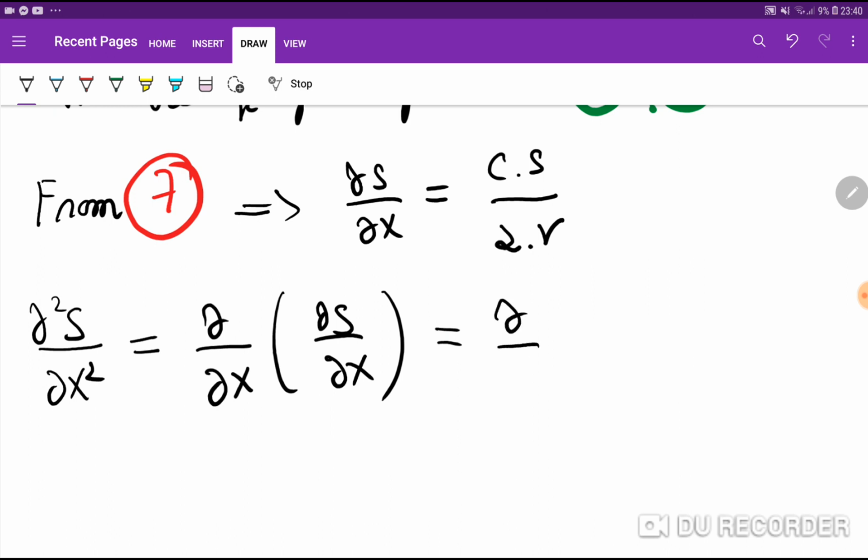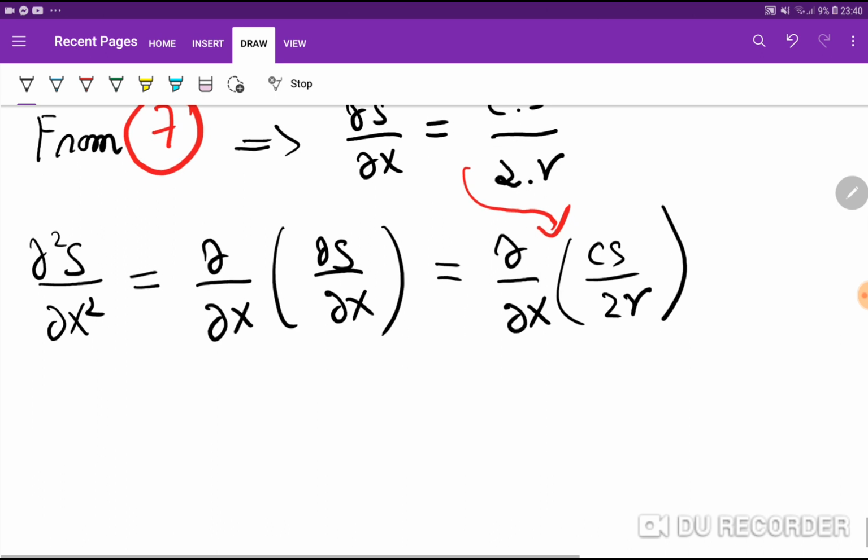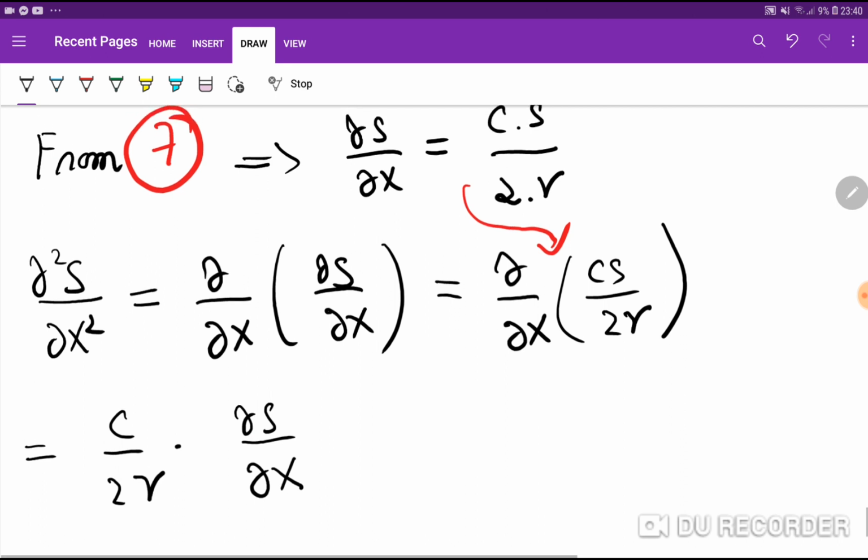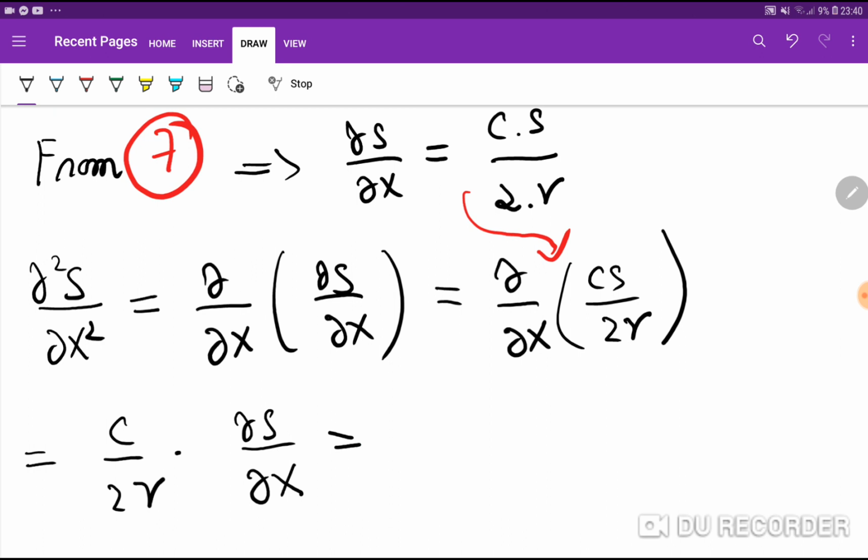So you can plug this in. s over 2 mu. Okay, so what does it equal? c over 2 mu is a constant. You can pull it out, times partial s over partial x. Just that is left. And partial s over partial x is just the term.